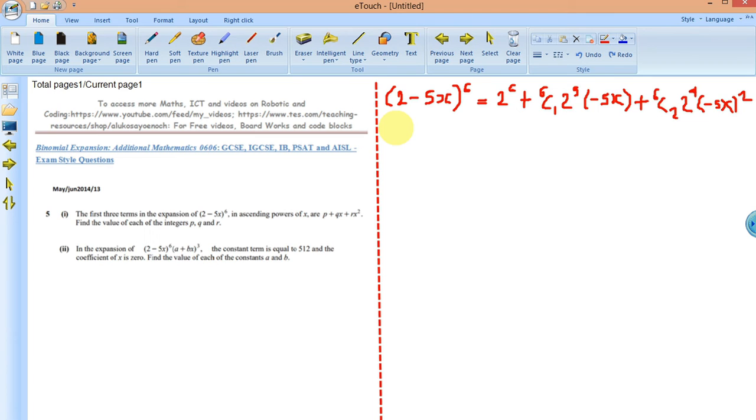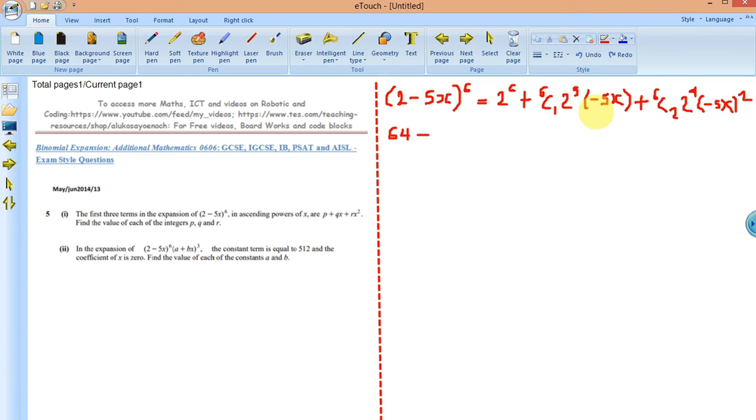So 2 raised to the power of 6 is 64. Okay, guys, don't forget this is minus. So 6 combination 1 is 6, so 6 times 2 raised to the power 5 times minus 5.